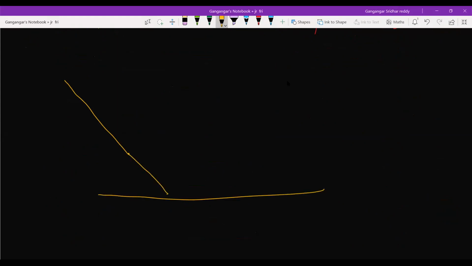Okay, now you see that one. The same problem can be asked in several ways. I'll project here horizontally.